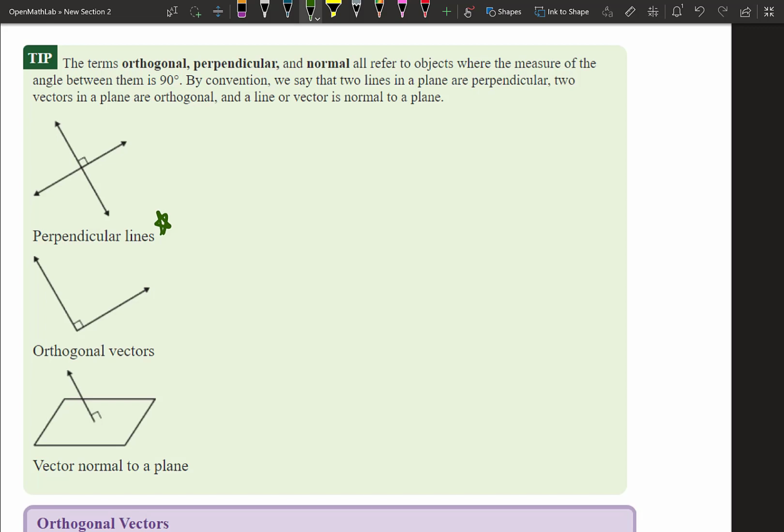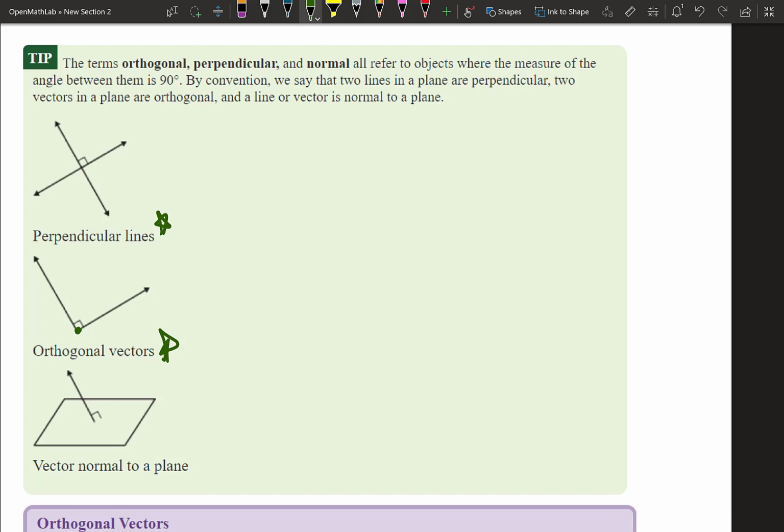And then we say that two vectors in a plane are orthogonal, right? So notice we have two vectors and they share the same initial point, right? Oops, sorry, I lost my train of thought.